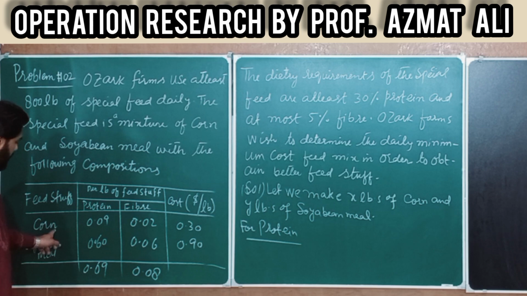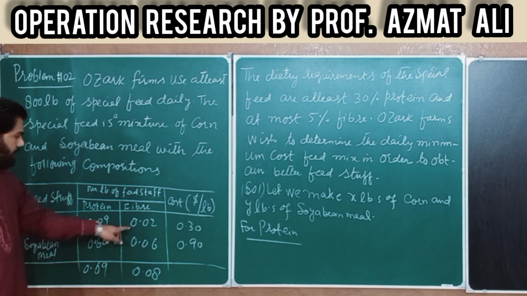As we are making x pounds of corn and y pounds of soybean, per pound of corn contain 0.09 protein. So when we make x pounds of corn, number of protein will be 0.09x and number of fiber will be 0.02x.